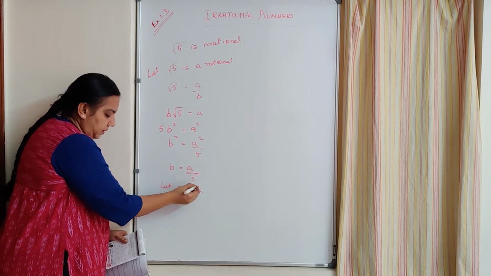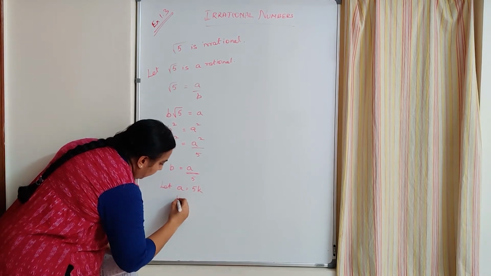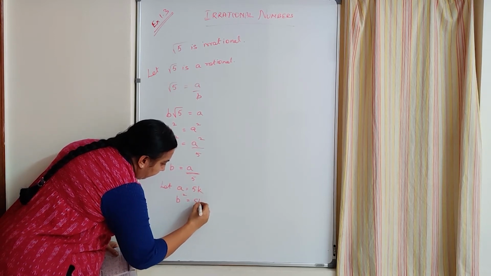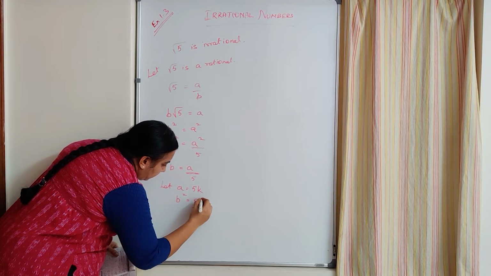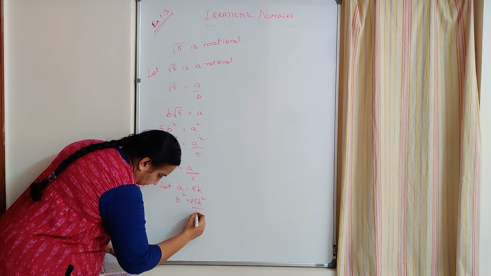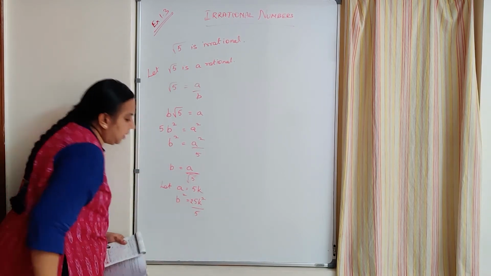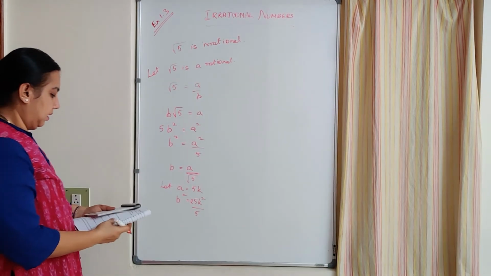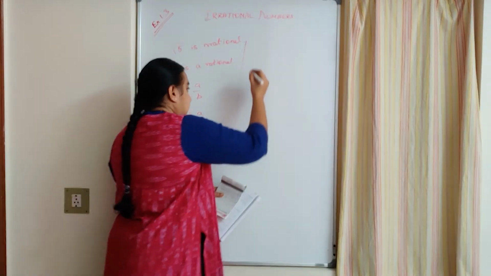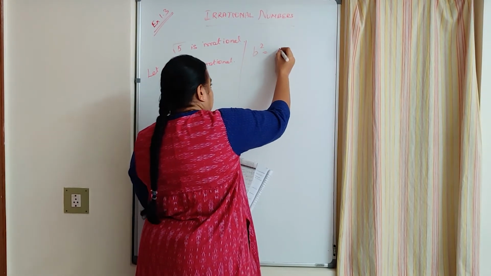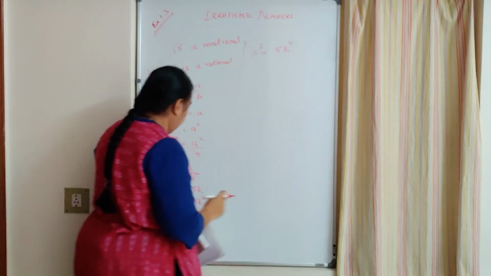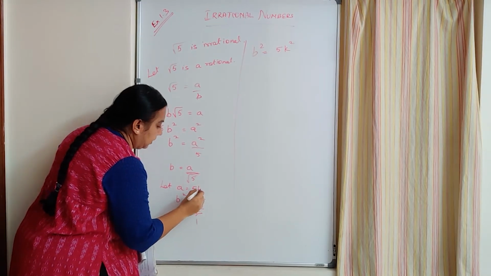Now b square is equal to, in the place of a, I am going to write 5k, so it is going to be 25k square, divided by 5. So now b square is equal to 5k square, when I divide, this becomes 5 here.